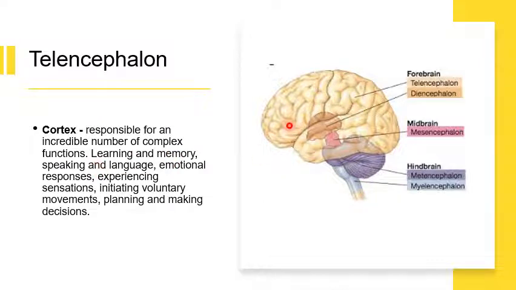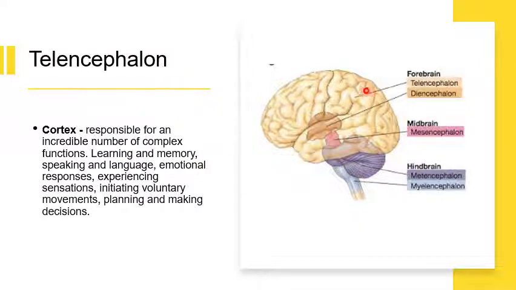It also houses our personality, who we are, our self-concept, our aspirations in life, what we want to become in the future, functions involved in language, speaking, our emotional responses, interpretation of events, experiencing sensations, initiating voluntary movements, planning, and decision making or our choices.